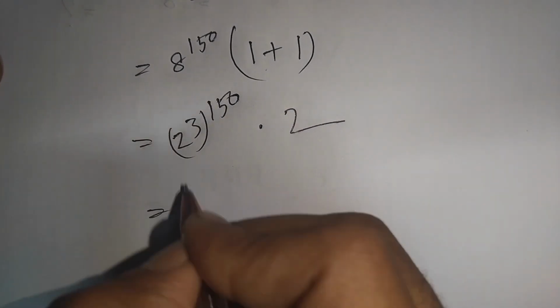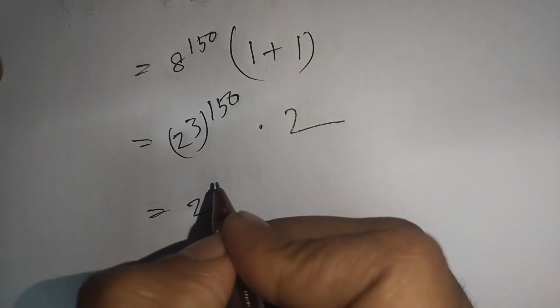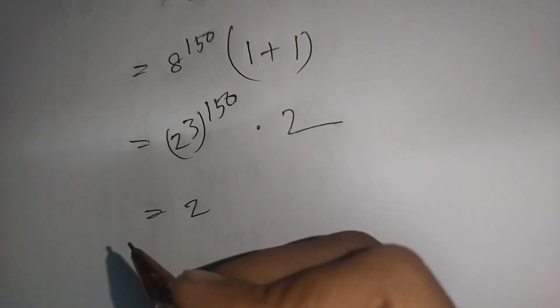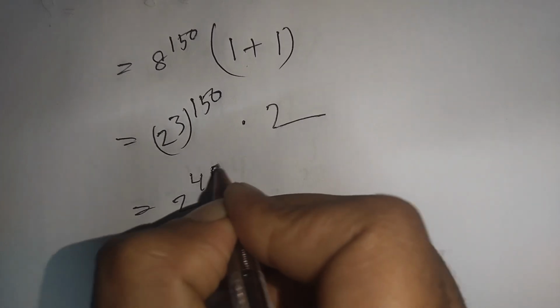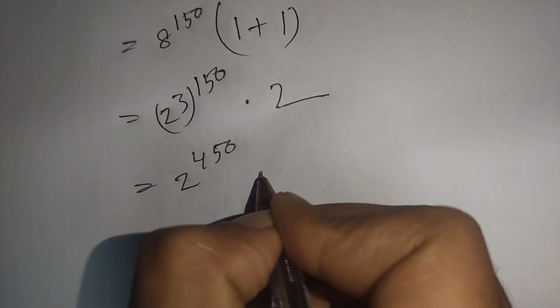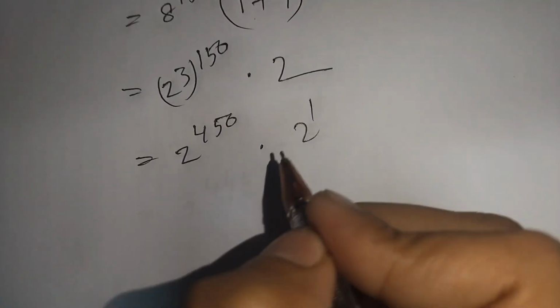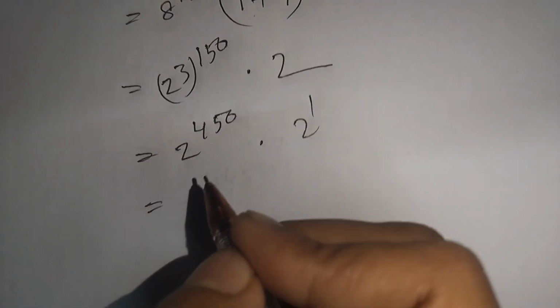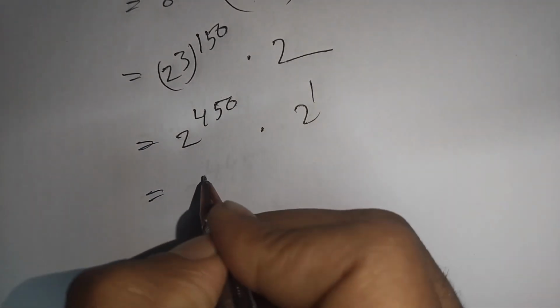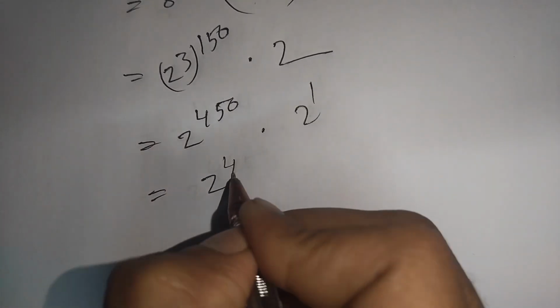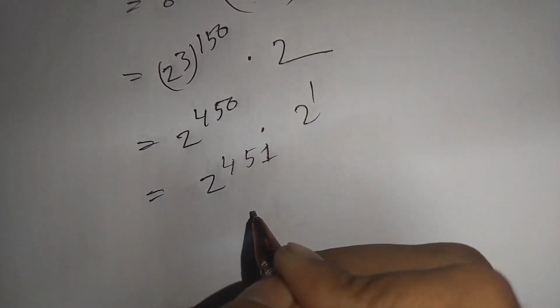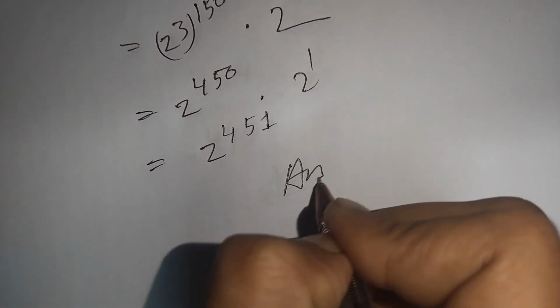Then 2 to the power 3 times 150, that means 450, times 2 is the same as 2 to the power 1. So now we see that 2 has the same base but different powers, so you can write 2 to the power 450 plus 1, that means 451. So 2 to the power 451 is the correct answer.